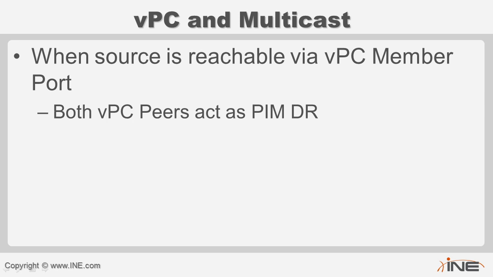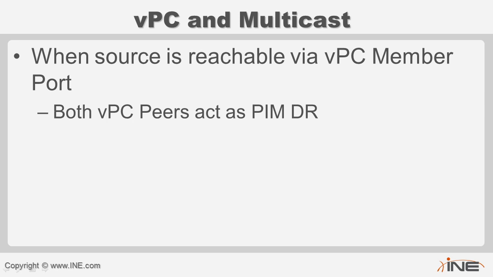Now the PIM designated router has the role of informing the rendezvous point that a new sender has come onto the network. The way that it does that specifically is with the PIM register message. So normally the designated router is going to be sending the unicast register message to the rendezvous point, basically telling the rendezvous point that I have this new S, G, or this source that is sending to this specific group.